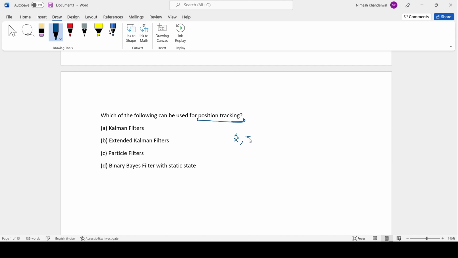Basically, we used the Kalman filter to estimate the mean position and the variance in that position. Since position is a continuous variable, and we were using the Kalman filter to iteratively update this, it is essentially a state estimation or position tracking algorithm.